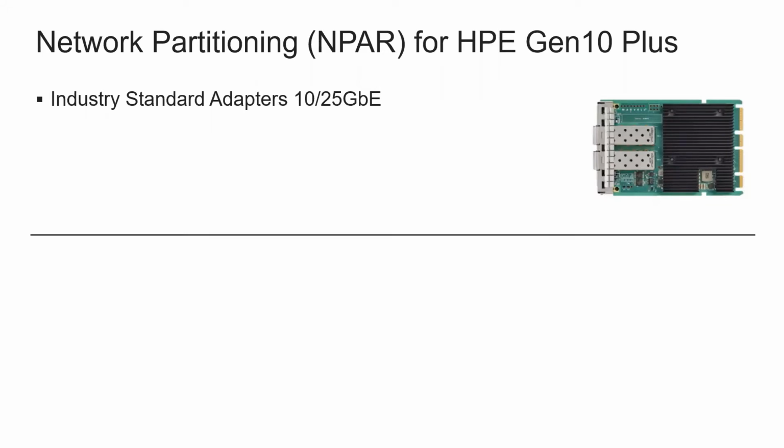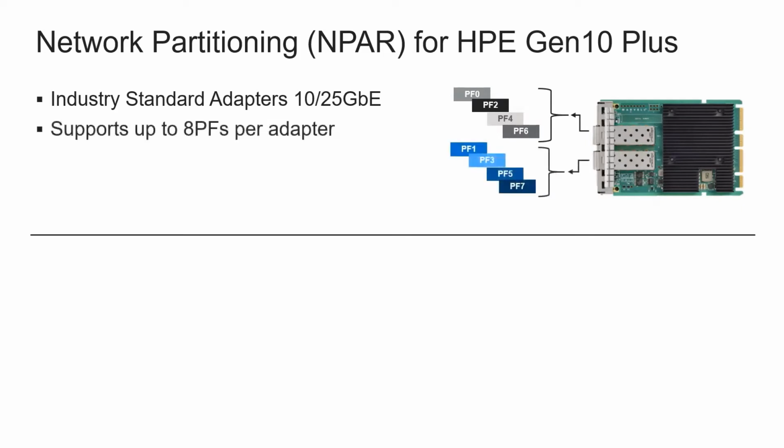physical functions called PFs. That makes a single 10/25 gigabit physical port appear to the OS as if it were 4 individual NICs. Important to know, all FastLink NICs can handle 8 PFs max for the entire adapter.